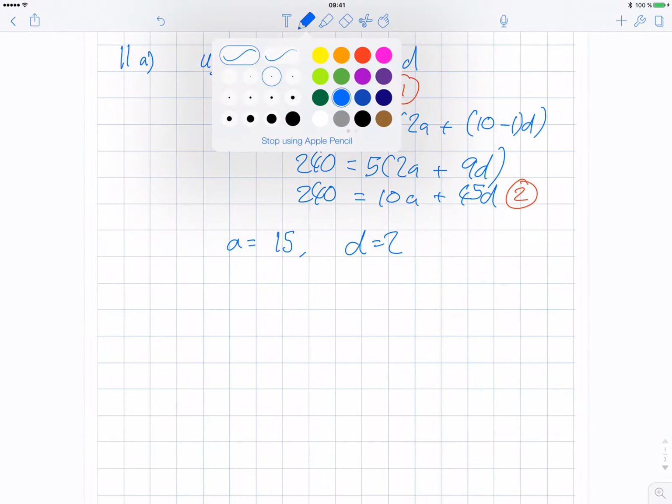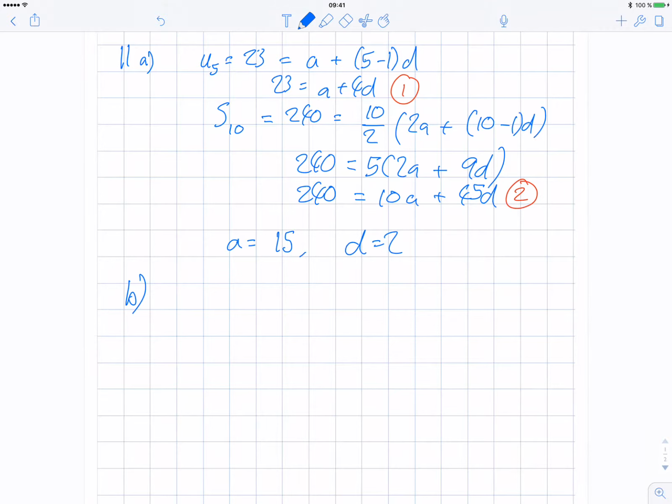Part B. Find the sum of the first 60 terms of the series. So S60 is equal to 60 divided by 2, so it's n divided by 2, times 2 lots of a, which is 15, plus n minus 1 times 2.